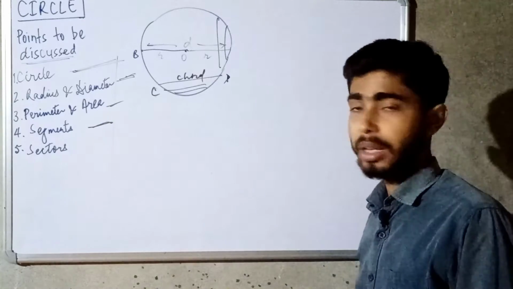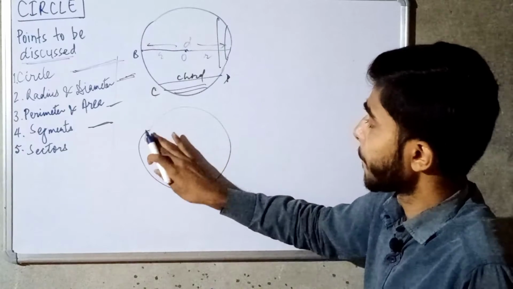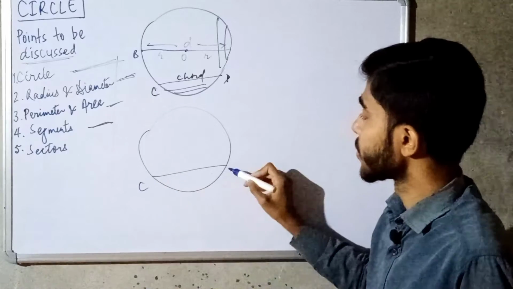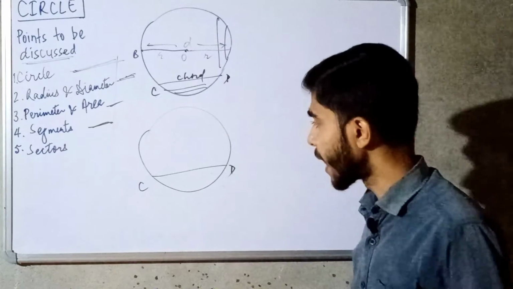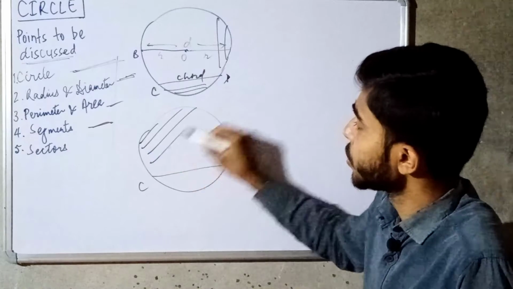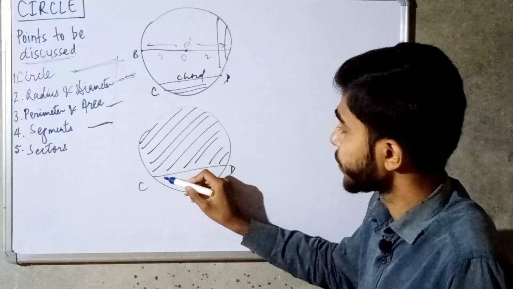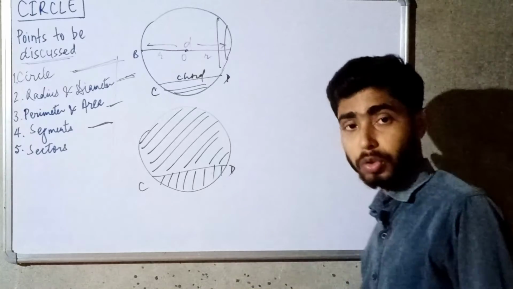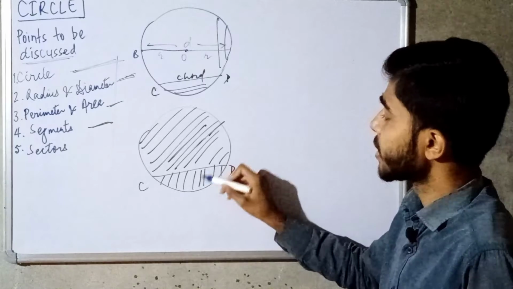What are segments? In this case we have drawn a chord CD. We see that it divides the circle into two parts, this area and this area. This is the major area and this is the minor area.